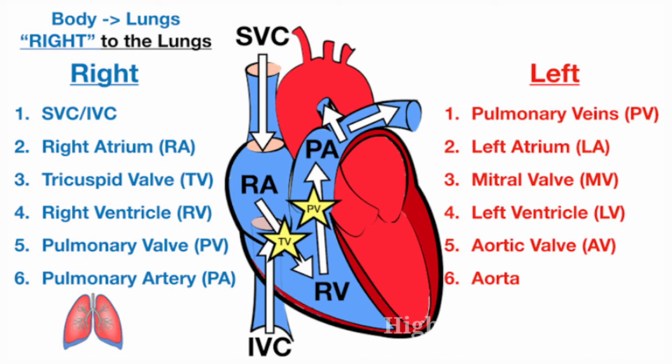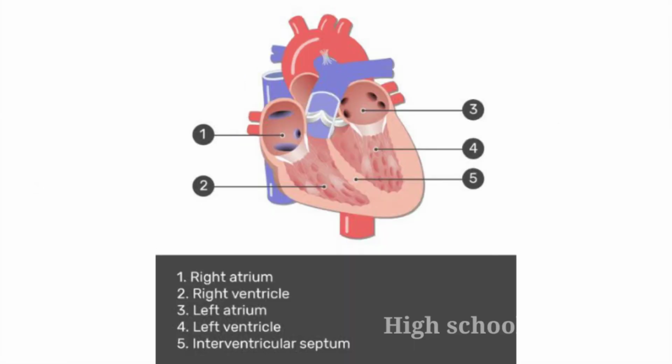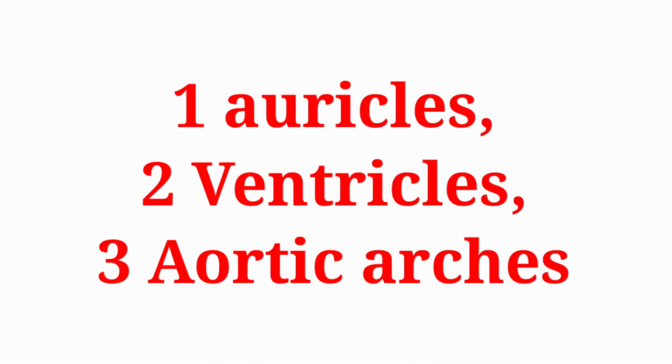Blood can flow from auricles to ventricles, but not between auricles or between ventricles, and hence there is no mixing of blood. Broadly, the internal structure of the human heart shows three parts, namely auricles, ventricles and the aortic arches.